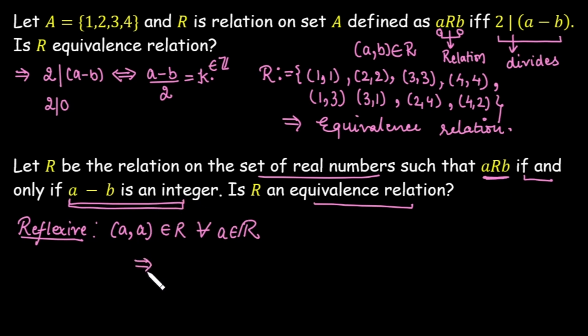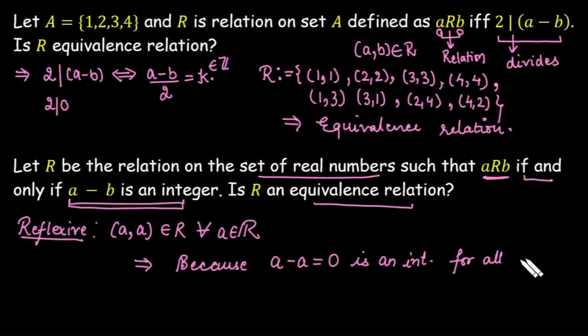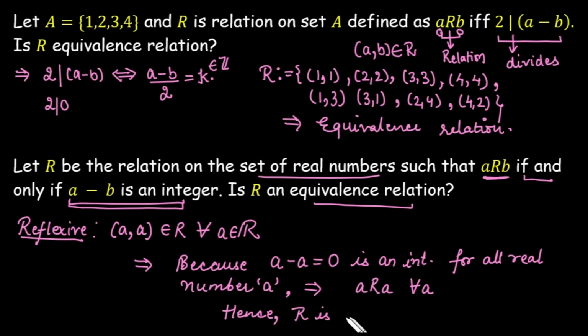So we can write, because A minus A is equal to 0, which is an integer for all real numbers A. So we can say that A is related to A for all A. Hence R is reflexive.